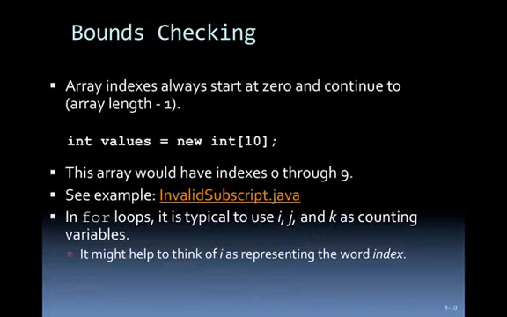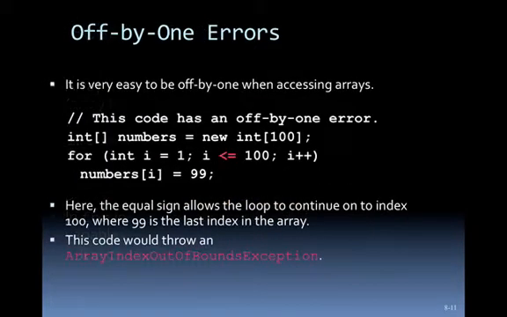And we can even use a for loop to help us with a variable to act as our index. But when you're doing this, it's very easy to be off by 1. In the case of this for loop that we see here, the equal sign causes us a problem because it's going to allow us to get to 100 and try to run the loop.